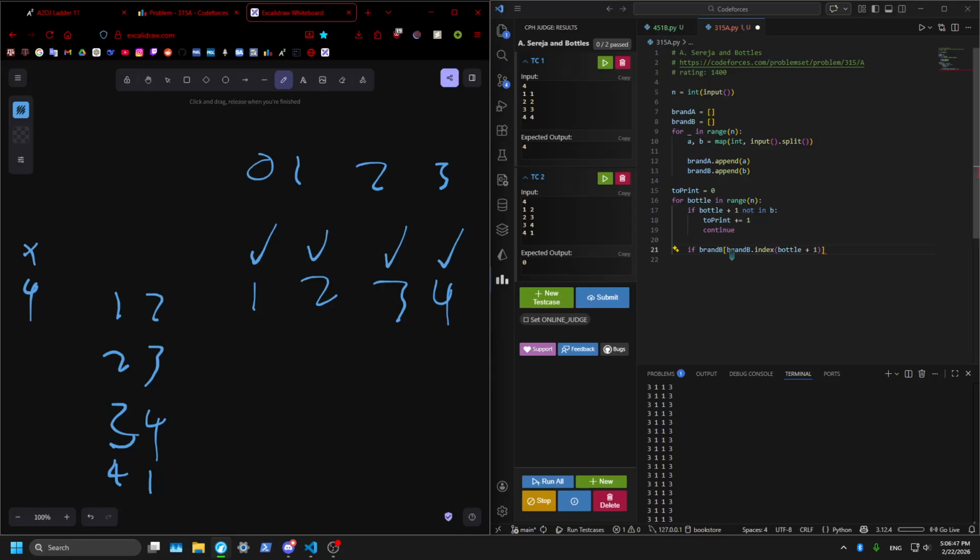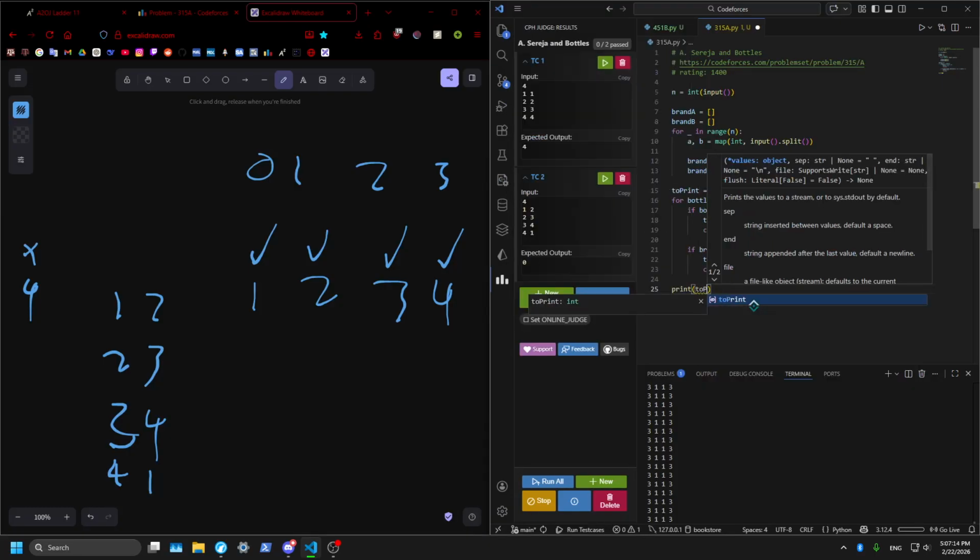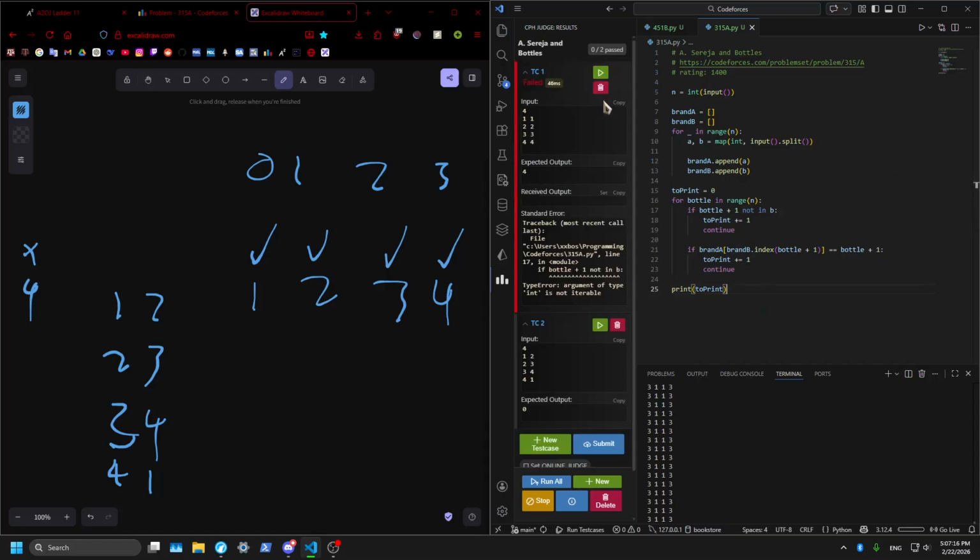Bottle plus 1. No, we can do this, brand A equals something like this, and then yeah, okay.